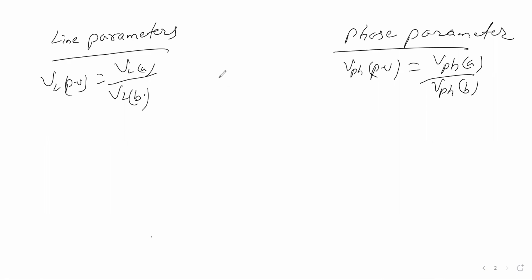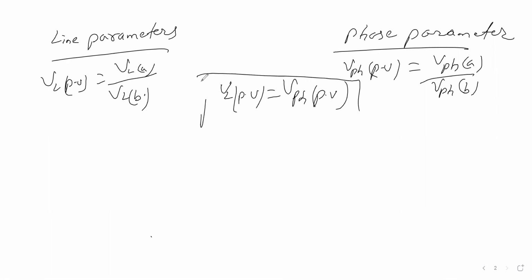So we could say in delta connection as well, VL per unit equals V phase per unit. This is what we got in star connections, and it is the same for delta connection as well.